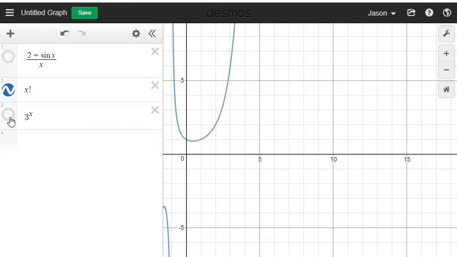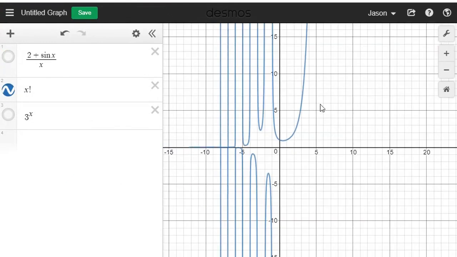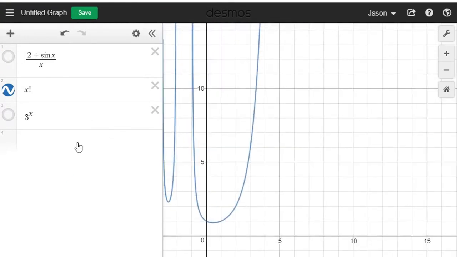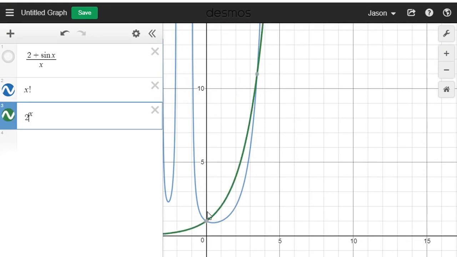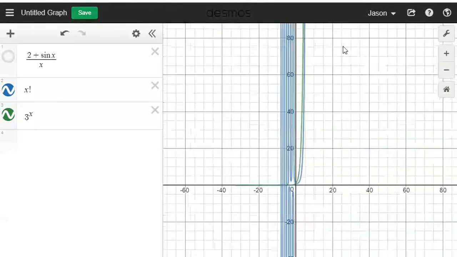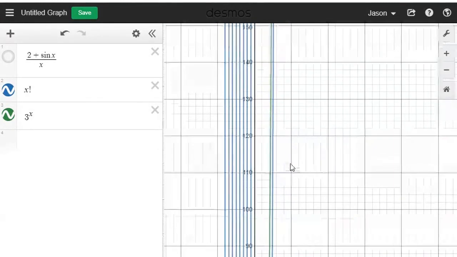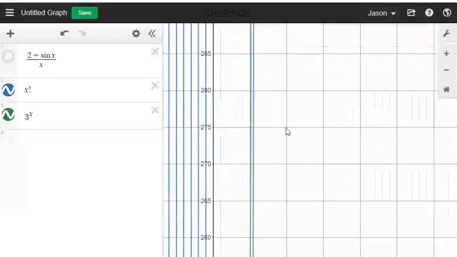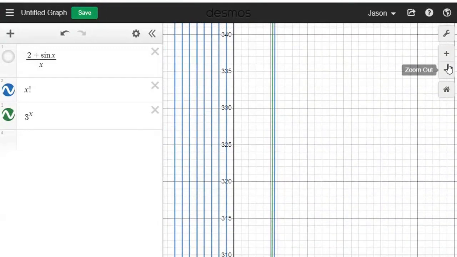So x factorial does some weird stuff when you have negative values. But if you have positive values, it grows. It looks like for short periods of time, 2 to the x or 3 to the x or whatever is bigger, but then there's some kind of intersection point. It's usually really high up for the y's, but not that high for the x's.